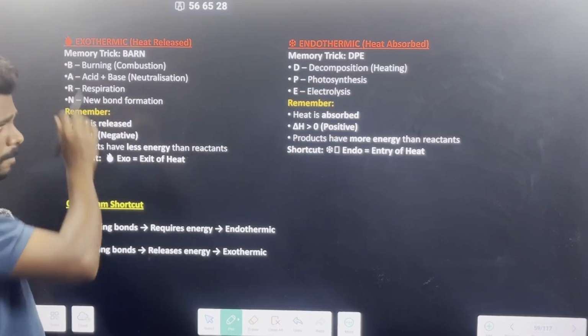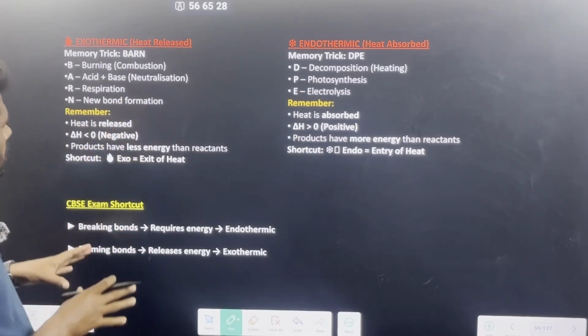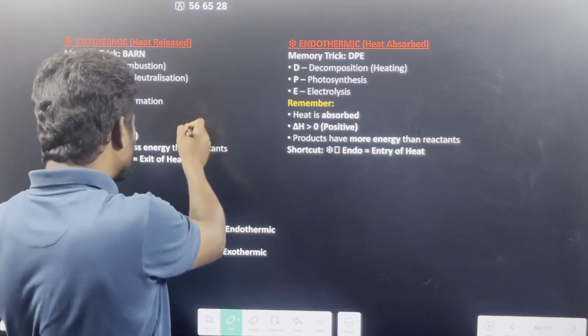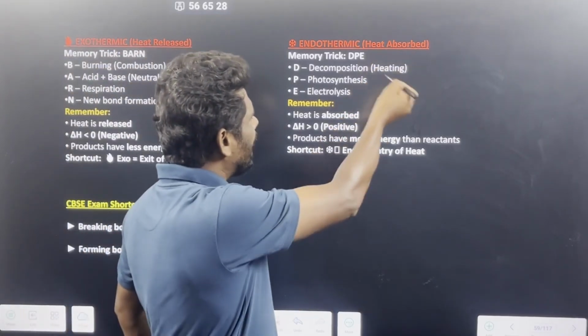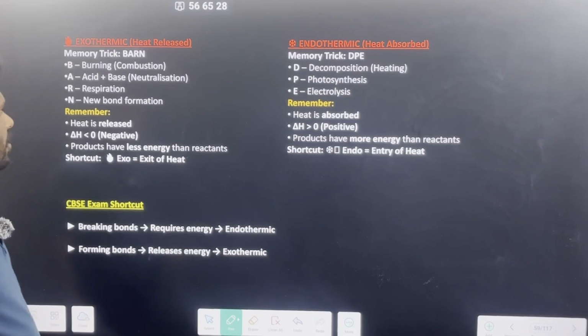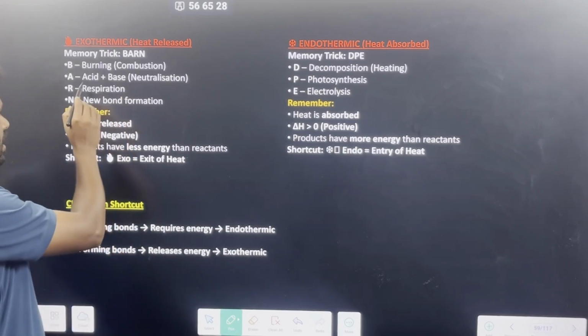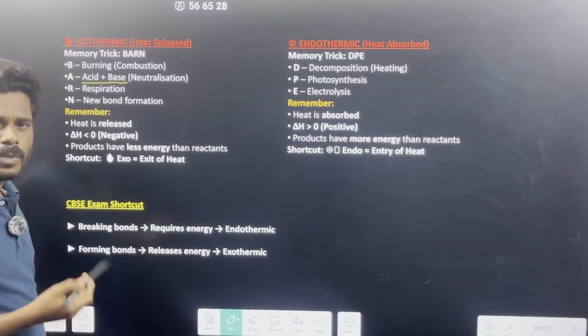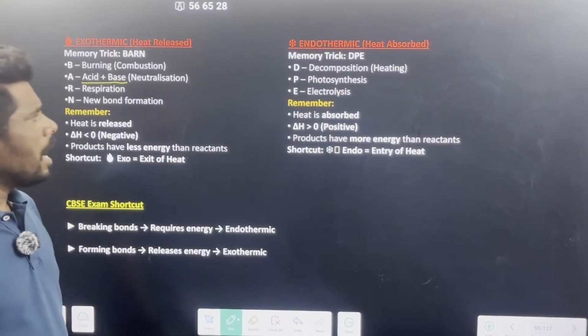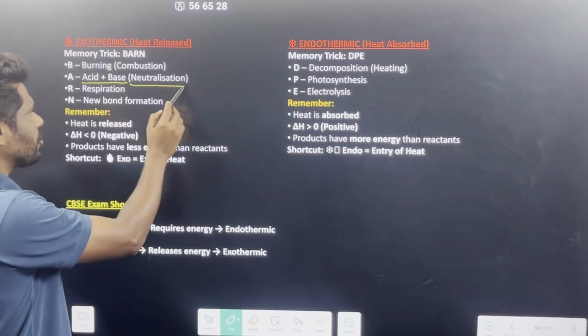Some of the common examples or kinds of reactions which come under exothermic and which come under endothermic. Look there, burning or combustion reactions, neutralization, that is when an acid reacts with a base, or acidic substance reacts with the basic substance, automatically we call that a neutralization reaction.